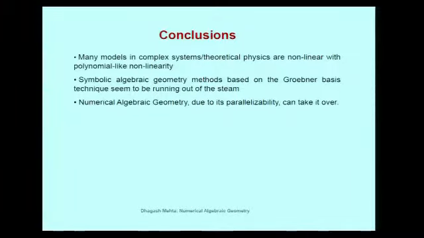So it is time to learn this numerical algebraic geometry method. It is completely parallelizable, so you can solve very difficult problems as well. And it is in the true sense a 21st century method. So I propose to use this, and on that note I'll stop here.